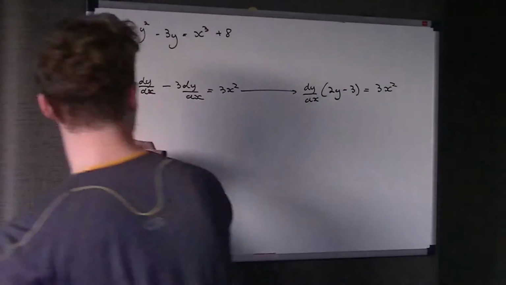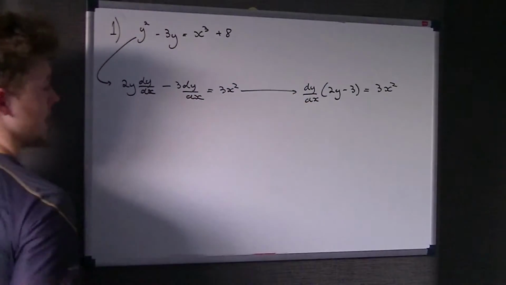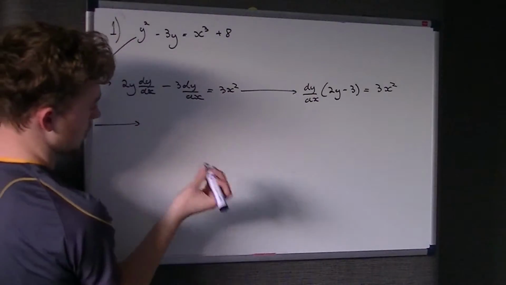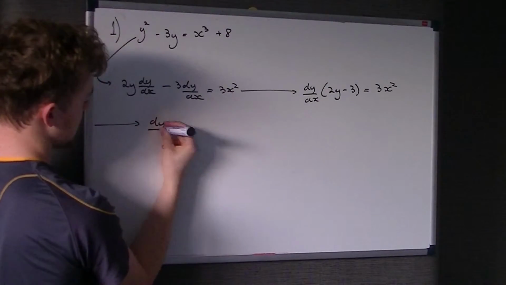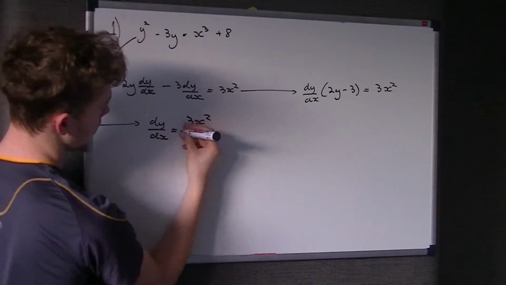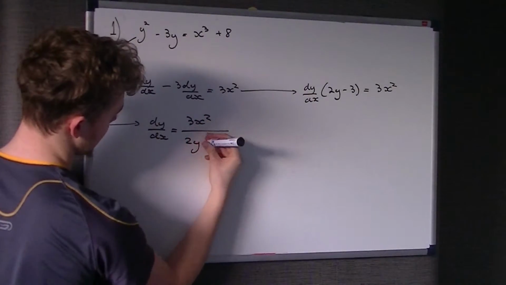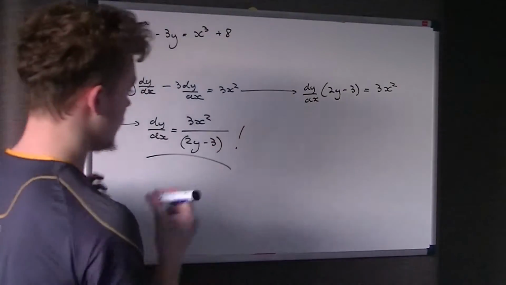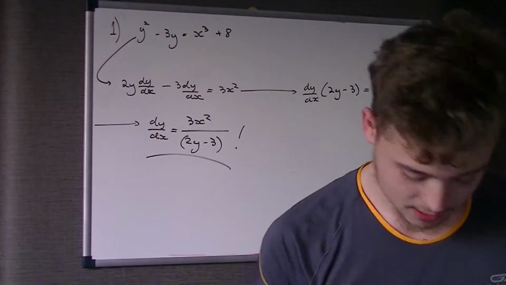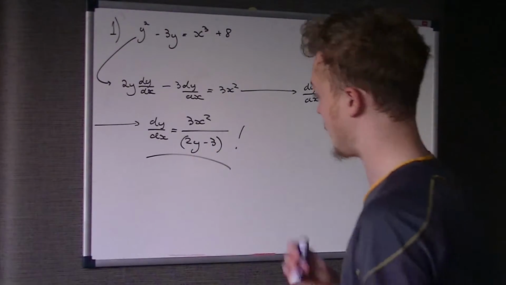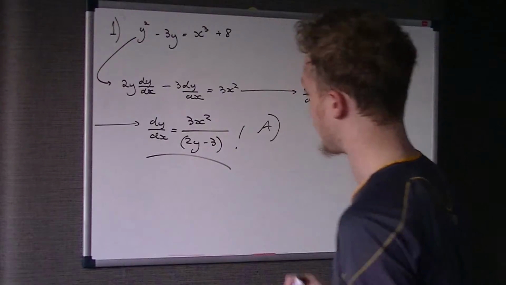Now because that's (2y take 3) times dy/dx, as I said, we took it as a common factor, so we divide both sides by 2y take 3, so we get dy/dx is equal to 3x squared over 2y take 3. And that is your answer for part A. All we've been asked to do is find dy/dx in terms of x and y, and it's exactly what we have done. So for part A, that's where you stop.